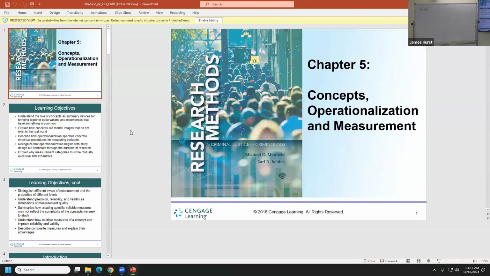Concepts, operationalizations, and measurements. So here's where we get the good stuff. All right, excellent. Operationalization. Basically, this is the house building aspects of it.